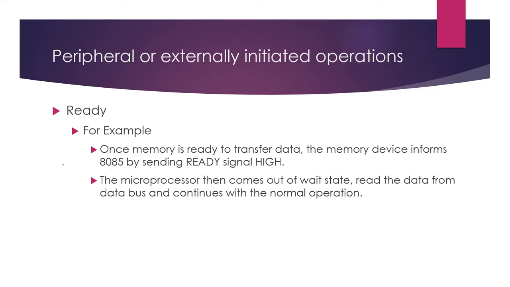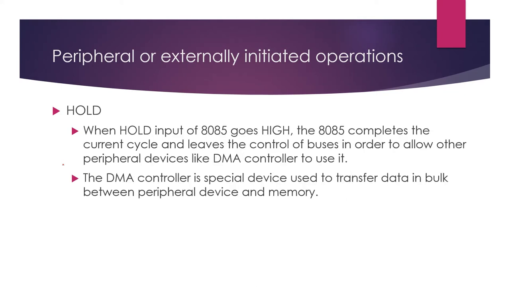Then memory finds the data, and when it is ready to give data to the microprocessor, it gives the ready signal for data transfer. The microprocessor then comes out of wait state, reads the data from the data bus, and continues with normal operation.